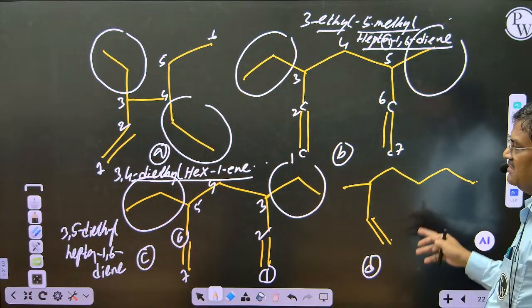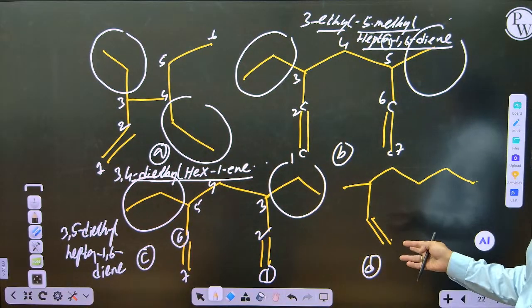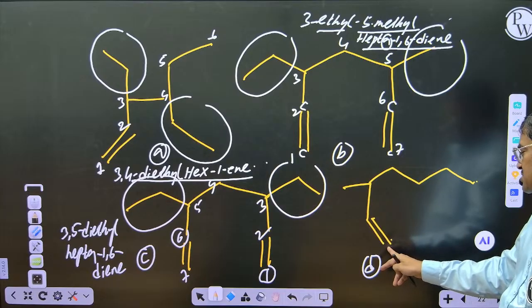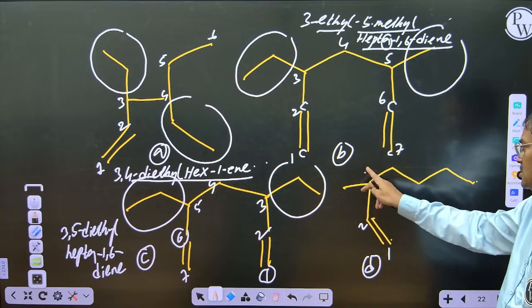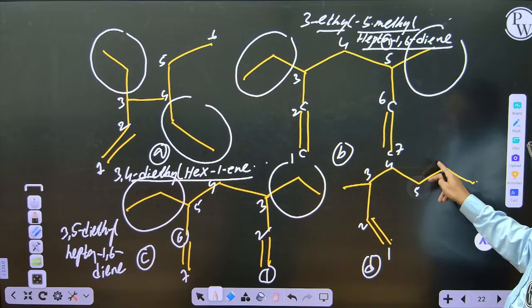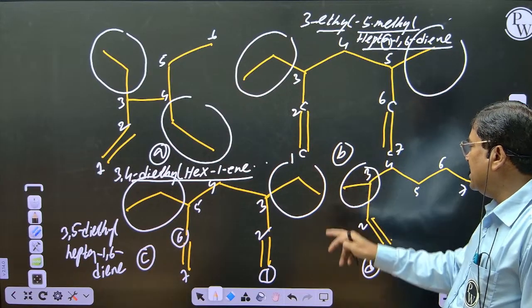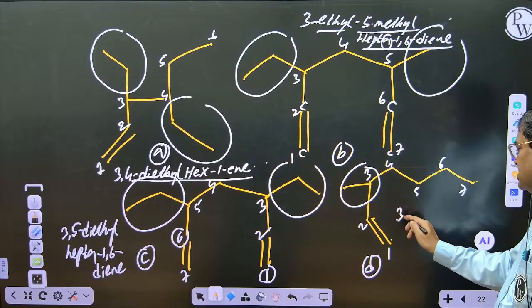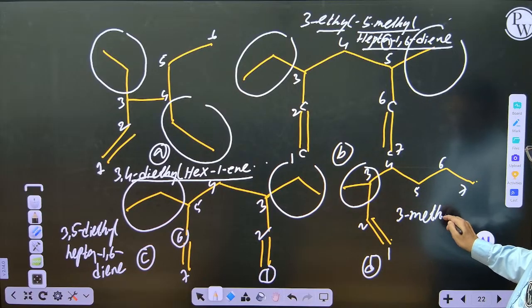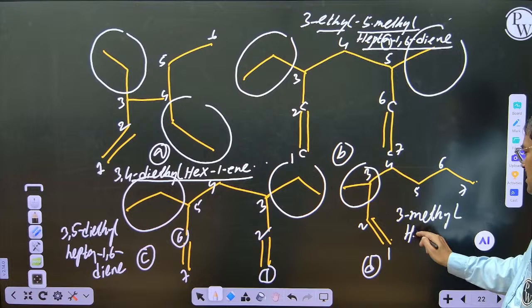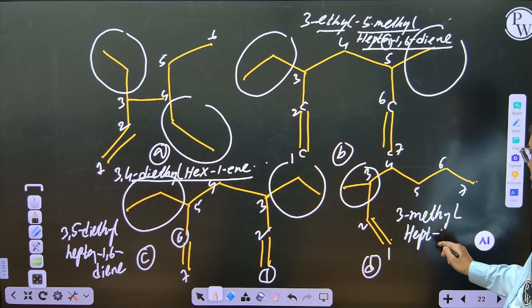Now tell me the naming for this compound. Start numbering from the functional group. So here you have to start: 1, 2, 3, 4, 5, 6, 7. Now what is this group called? Methyl. So if you wrote the same answer, 3-methylhept, where is the position of the double bond? 1-ene.